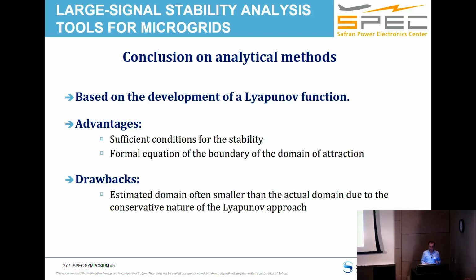That's the good thing. And in matters of instability, it's better to stay a little bit conservative. And you have the formal equation of the boundary of the domain of attraction. The drawback is that you are conservative: you have a smaller domain of attraction than the actual domain of attraction.